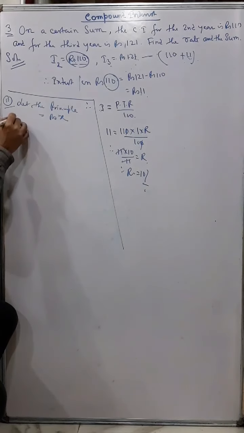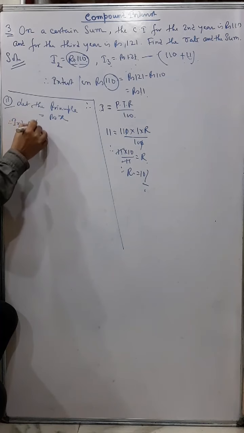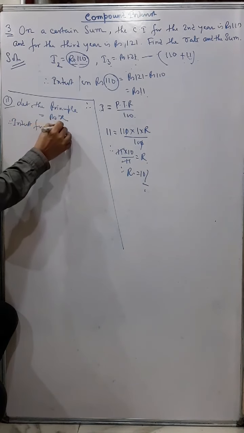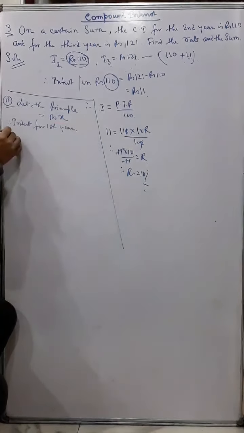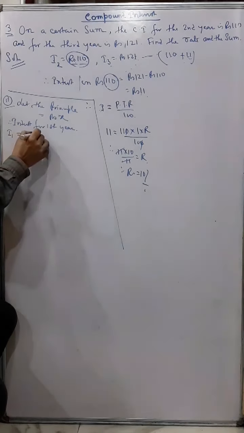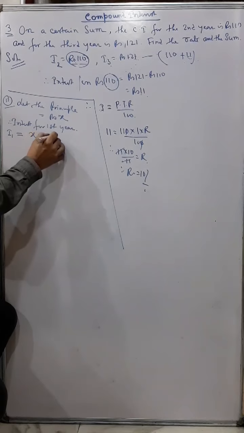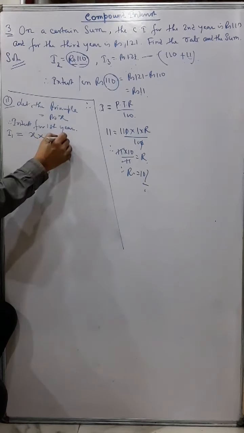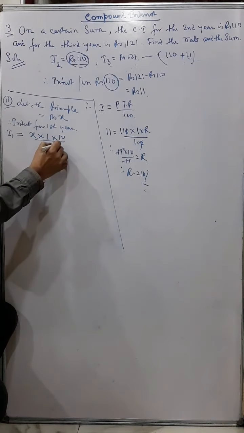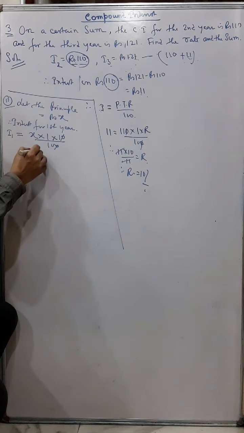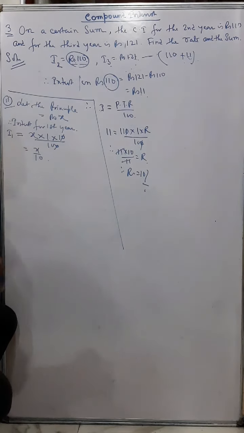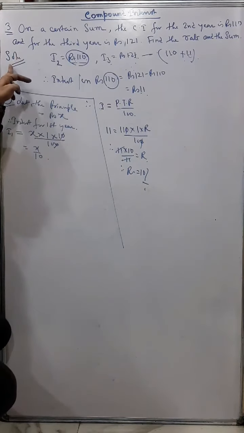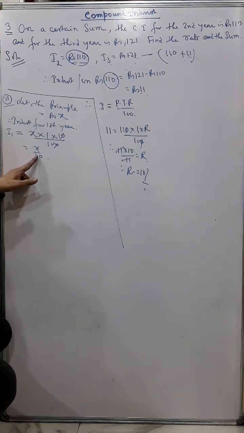Now what I will do, I will first get interest for the first year. Interest for the first year means I1. Principal is how much? x. Time is how much? 1. Rate we got 10 by 100. So x by 10. Now if I knew the first year interest I1, then I would just equate this with that.